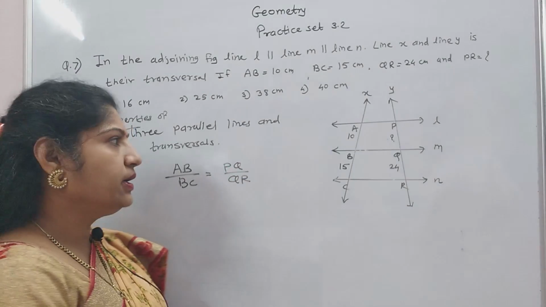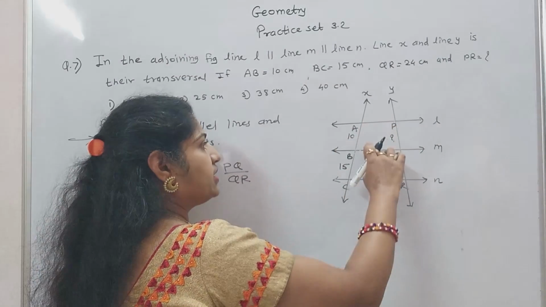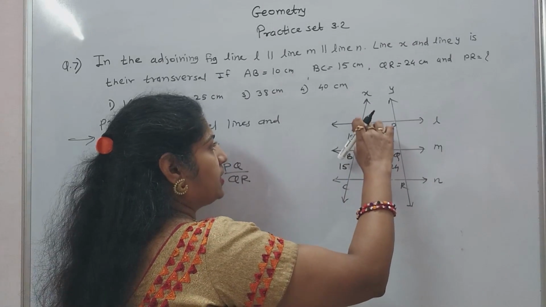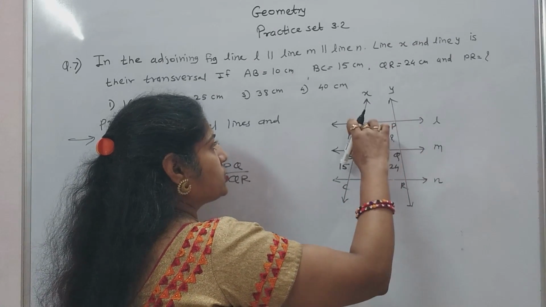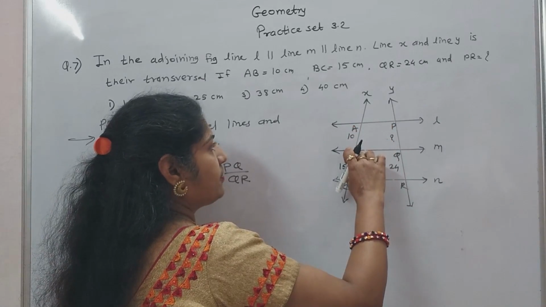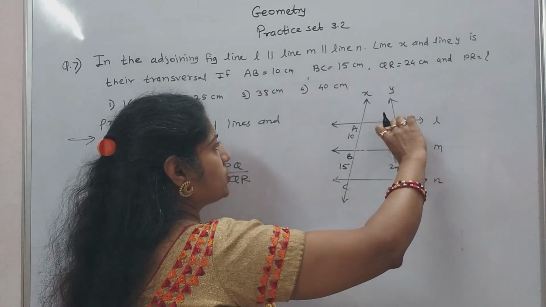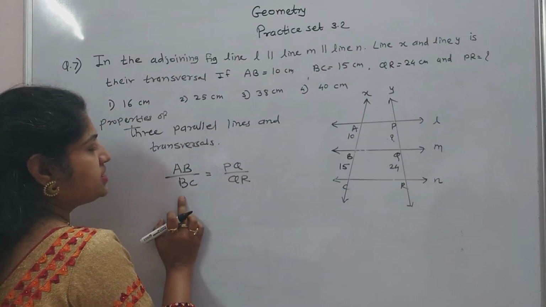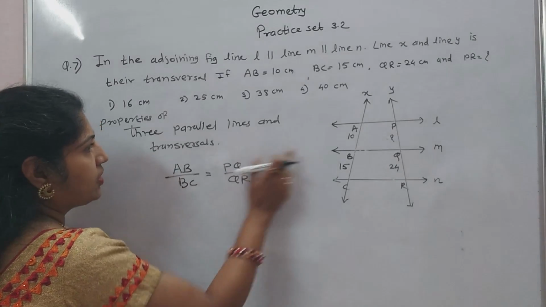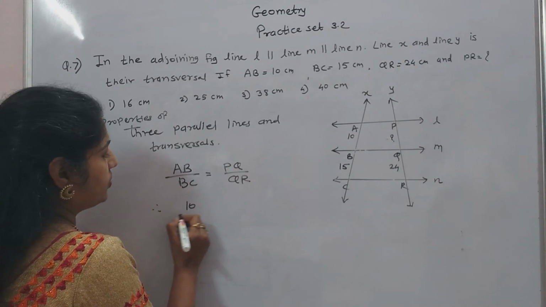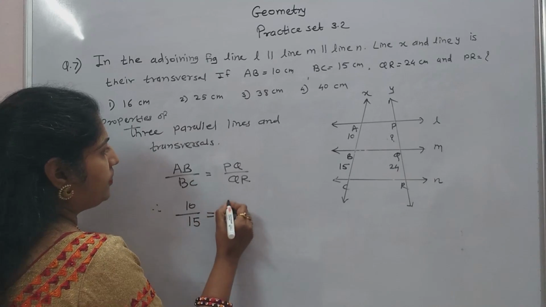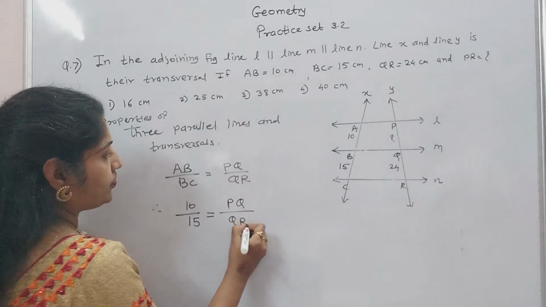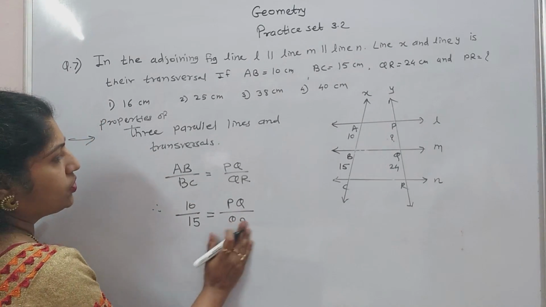What is that property? If there are three parallel lines and two transversals, the ratio of the intercepts made by one transversal equals the ratio of the intercepts made by the other transversal. AB upon BC equals PQ upon QR. Now put the values. AB equals 10, BC equals 15, PQ we have to find, and QR is 24.